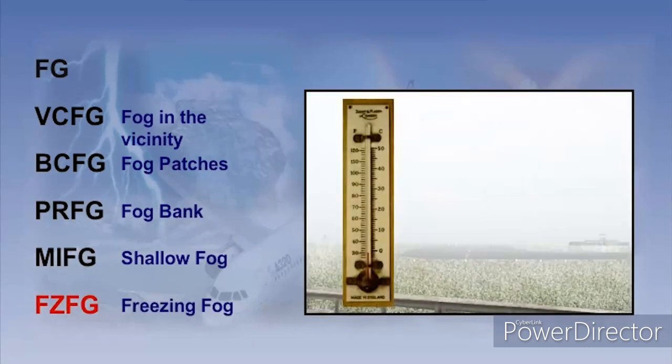The final qualifier for fog is FZ, which represents freezing fog. This is a group that tells you the observer is in fog and the temperature is below 0 degrees Celsius. Fog is sometimes quite confusing, but follow the rules and you should understand what the observation is trying to tell you.